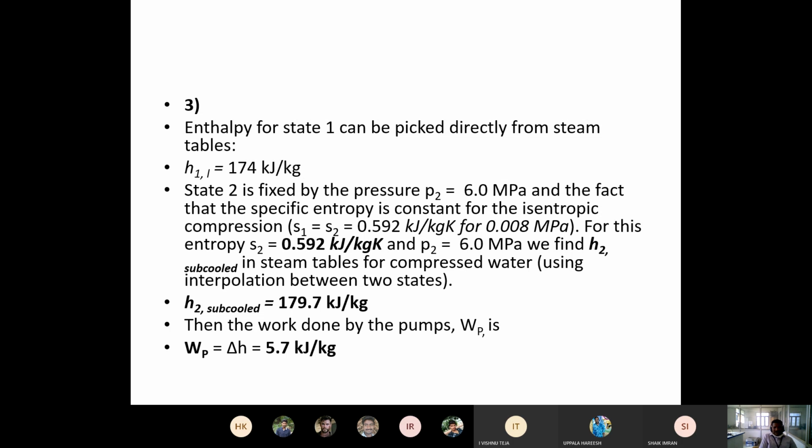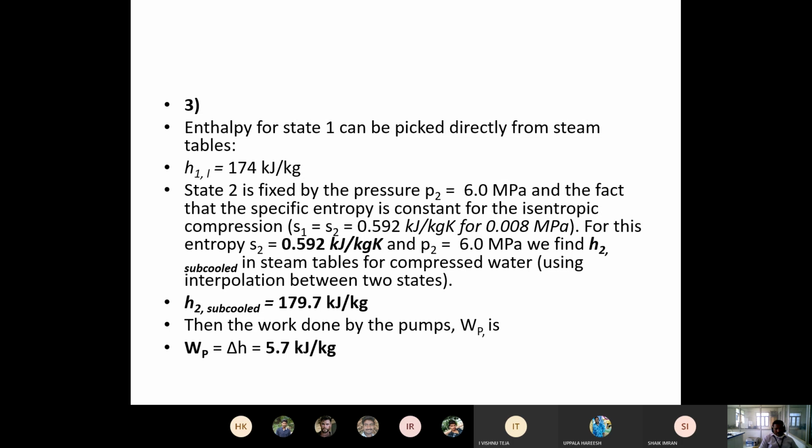S2 value at P2, and we find H2, that is nothing but HF2 in steam tables. Understand? So at that 6 megapascal pressure, HF2 is equal to 179.7 kilojoules per kg. Therefore the work required by the pump, WP, is equal to delta H. Got it?